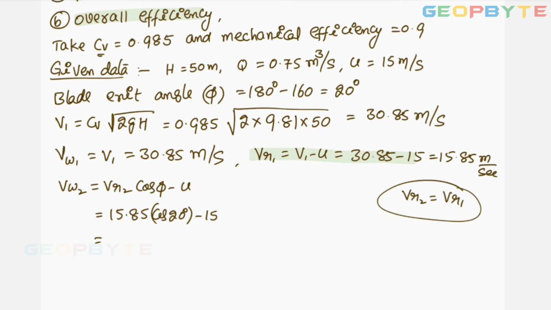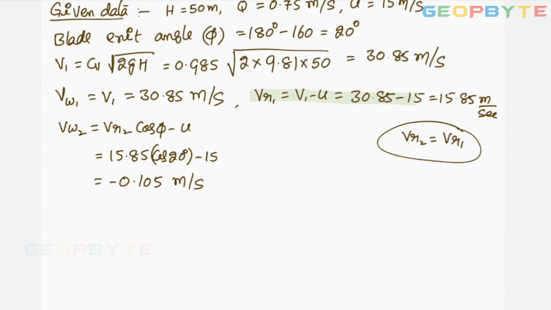Here I got minus 0.105 meters per second. That is the VW2. Once again, let us calculate 15.85 into cos 20 minus 15. Yes, correct. This is negative.